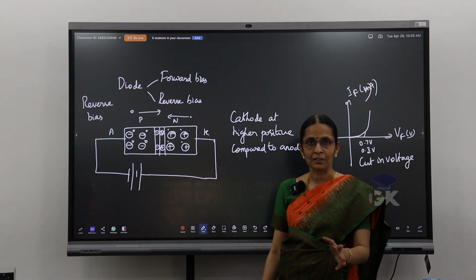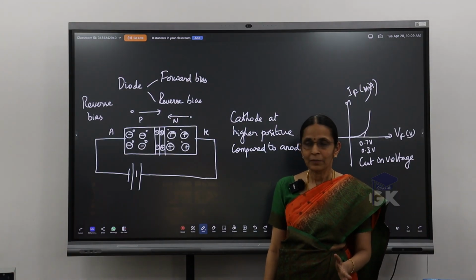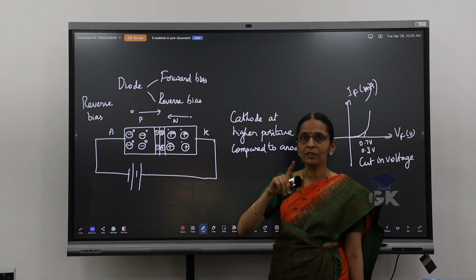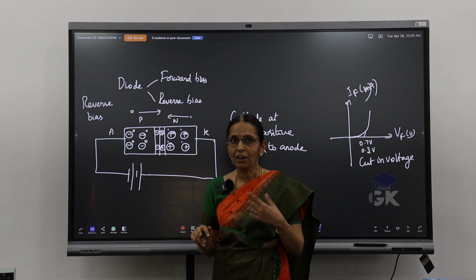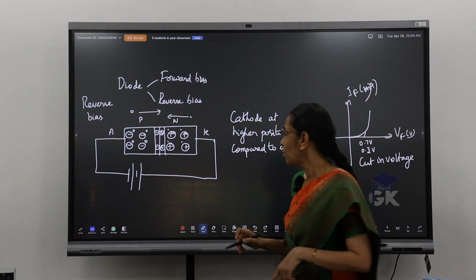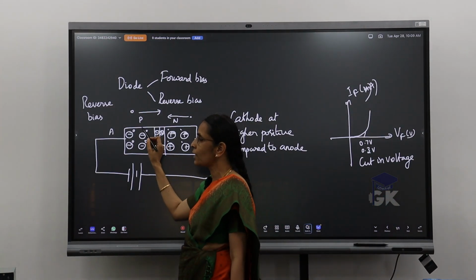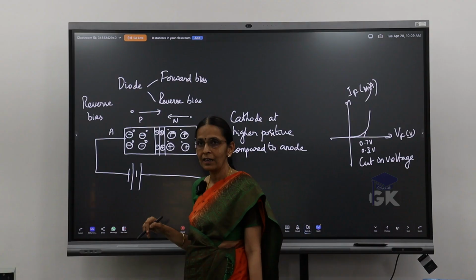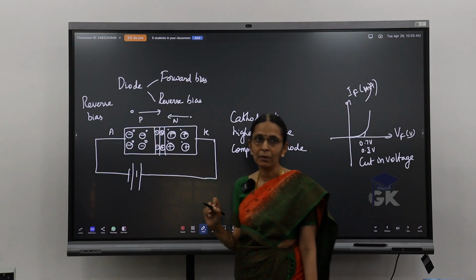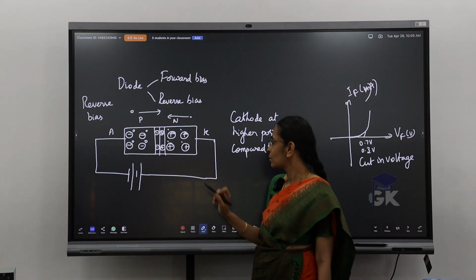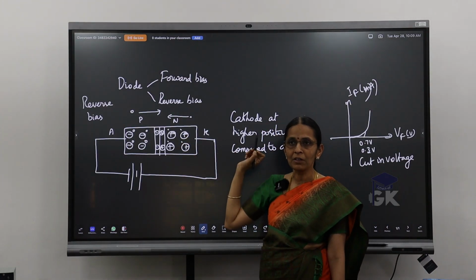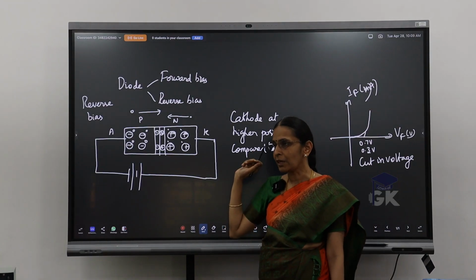Attracted, because they are of opposite polarity. Now what we have shown in the diagrams are only the majority carriers. Along with the majority, what do we have? The minority carriers also. For a p-type, holes are majority. What will be the minority in the lattice? Electrons. Similarly, for an n-type, electrons are the majority. What will be the minority? Holes will be the minority.